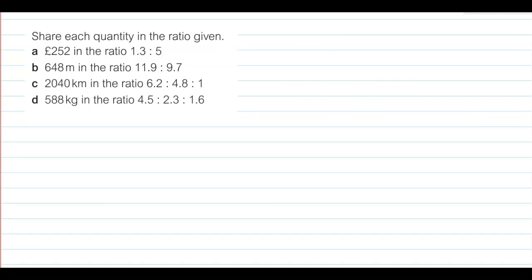So the first question was A, sorry, now it is the second question. So B part is 648. You need to divide it between two parts. First part is 11.9, second part is 9.7.